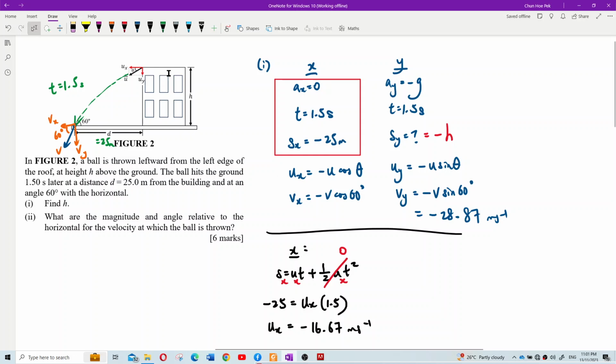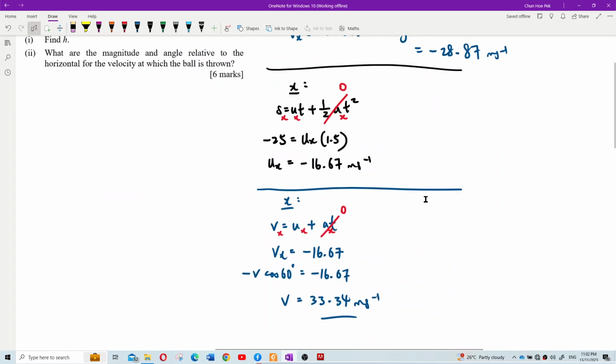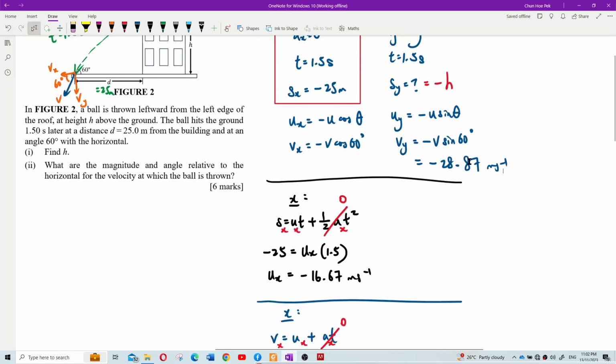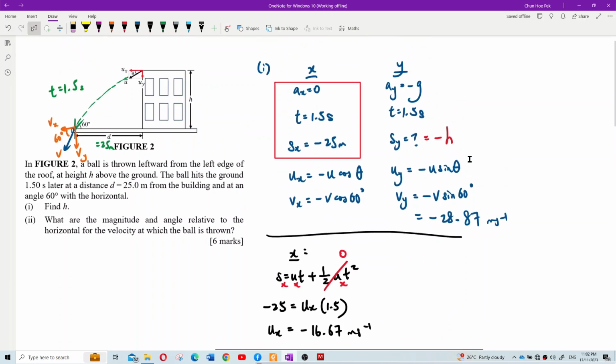Find my H. I have no time. S equals half. What formula do I have?